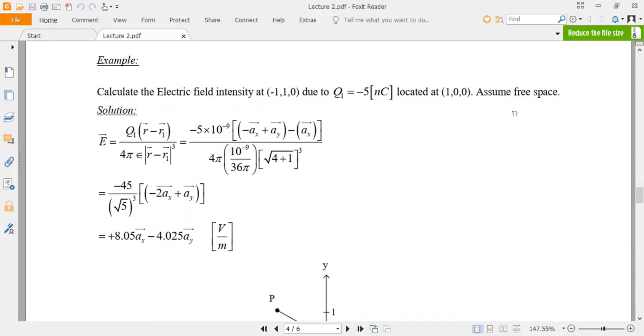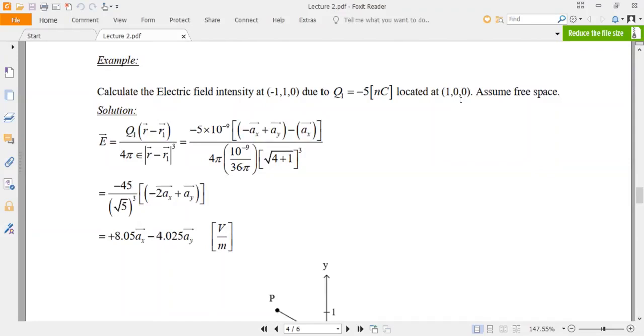Again, you can relate this example to placing a charge Q1 of -5 nanocoulomb at (1, 0, 0) in a room. We can assume this room in rectangular coordinates. Whenever you place a charge Q1, it will exert an electric field around it.